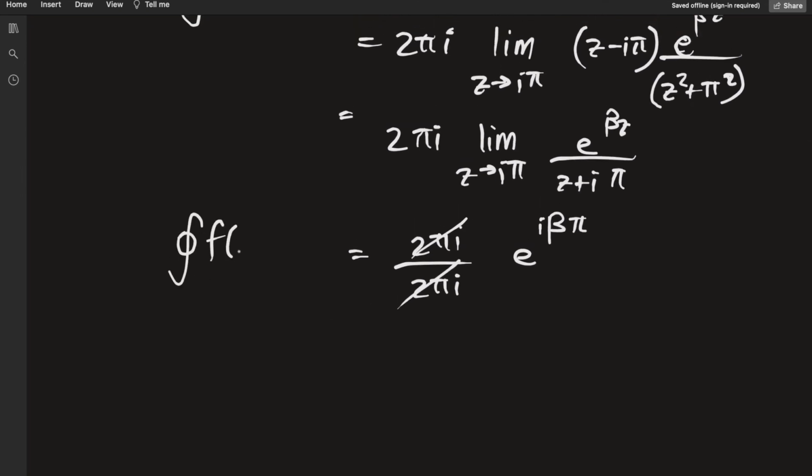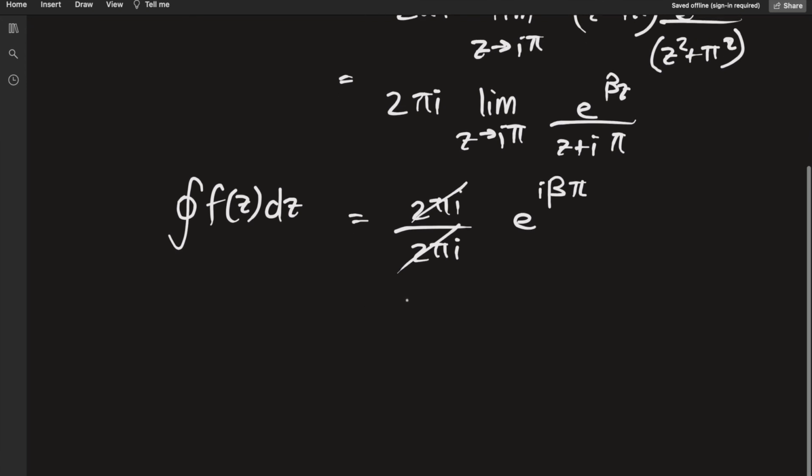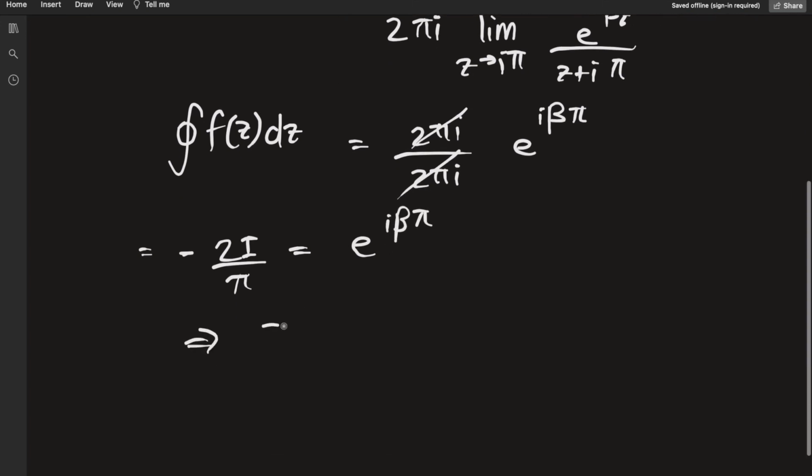So our contour integral is just i beta pi. Now our contour integral was negative 2i over pi, which means that I is negative pi over 2 times e raised to i beta pi.